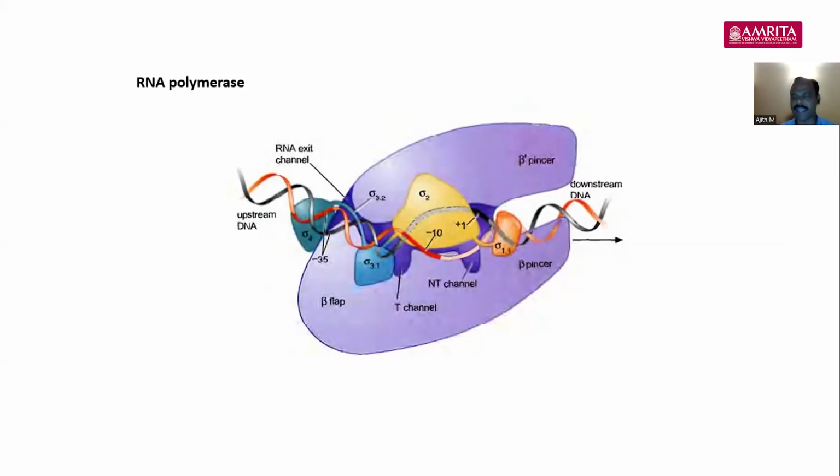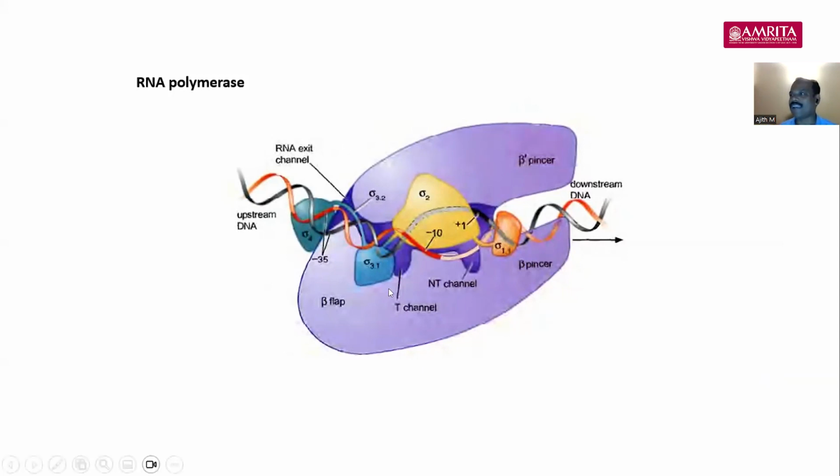This is a little more technical, but what you need to understand is that the RNA polymerase has some channels in it. Inside, if you take a cross section, it has some channels. Into this channel, the DNA molecule that needs to be transcribed goes inside.